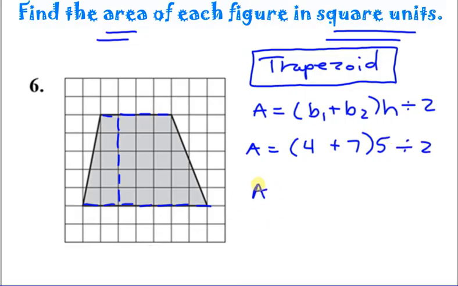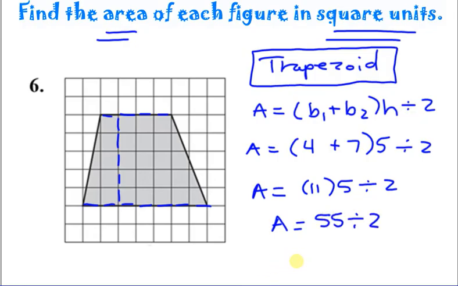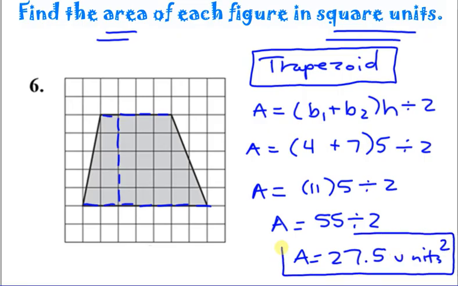Now it's just up to you to do order of operations. 4 plus 7 is 11 times 5 divided by 2. 11 times 5 is 55 divided by 2. And when you do 55 divided by 2, I have my calculator here, you're going to get 27.5. And because it's area, it's going to be units squared. All right.